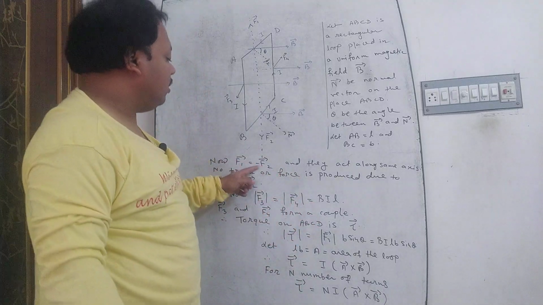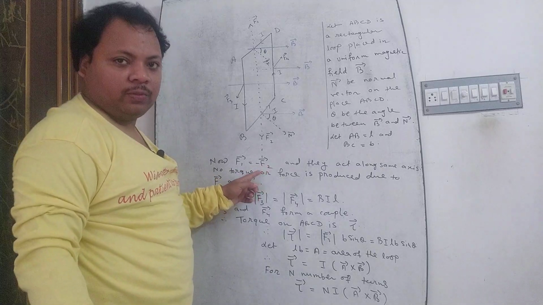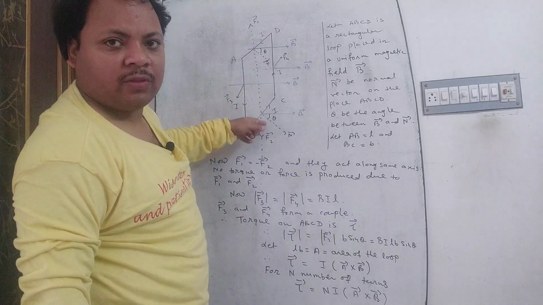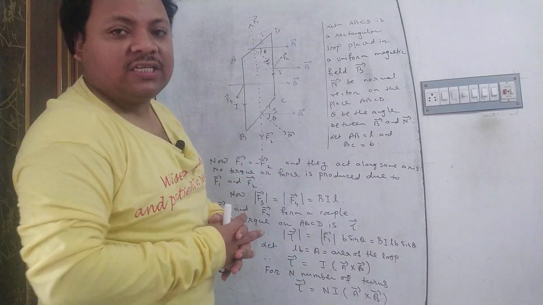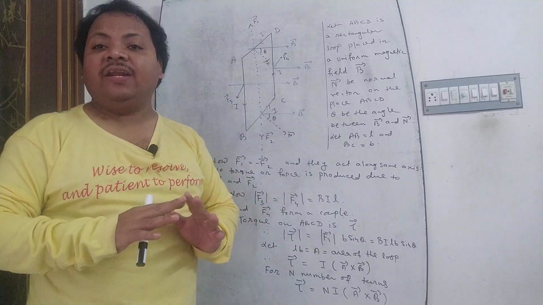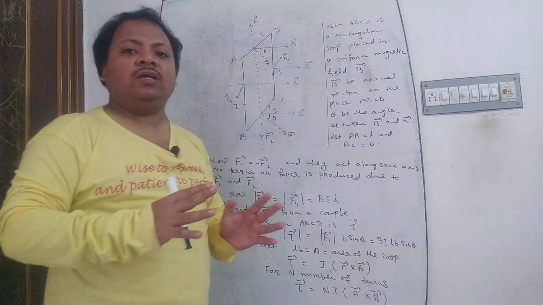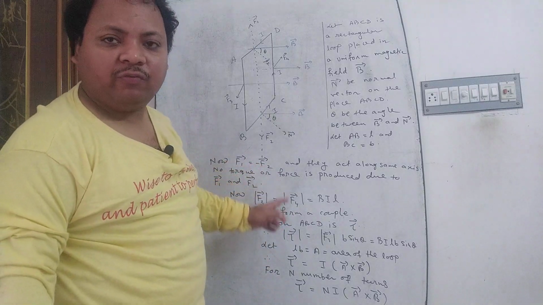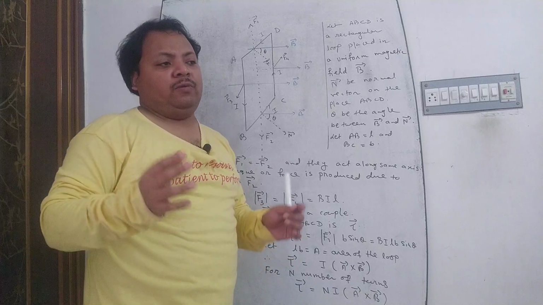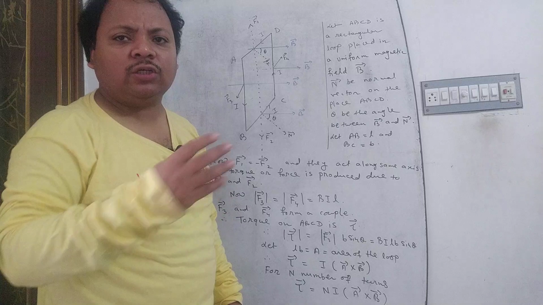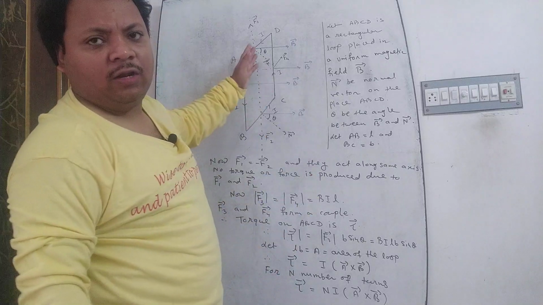That is, F1 is equal to minus F2 and they act along the same line. That's why their resultant is 0 and they do not form any couple. So F1 and F2 do not influence the motion of the coil.